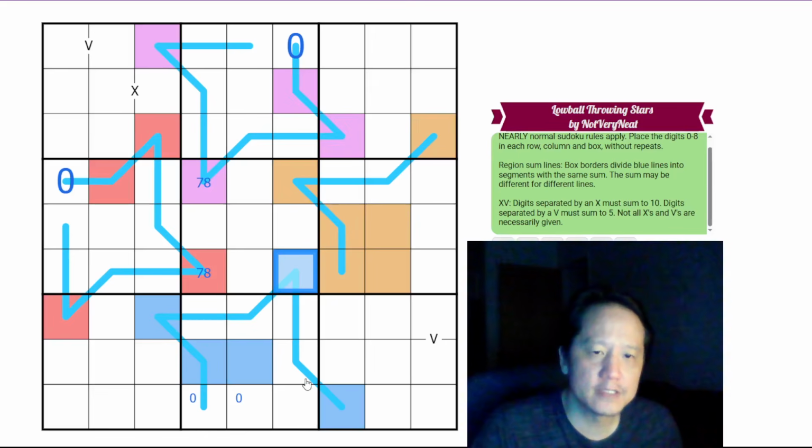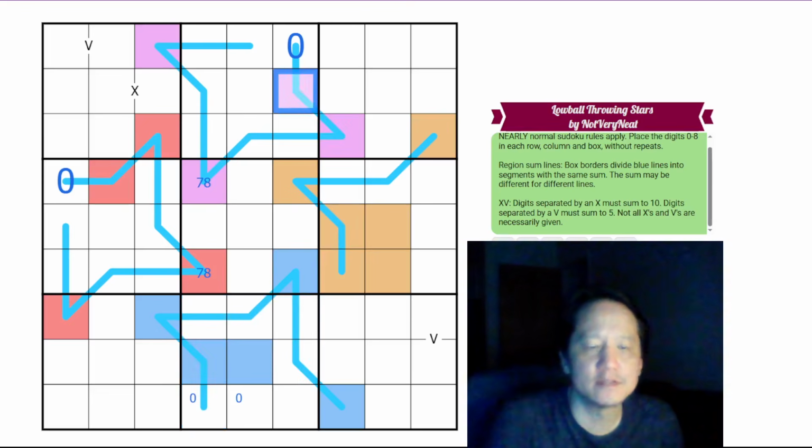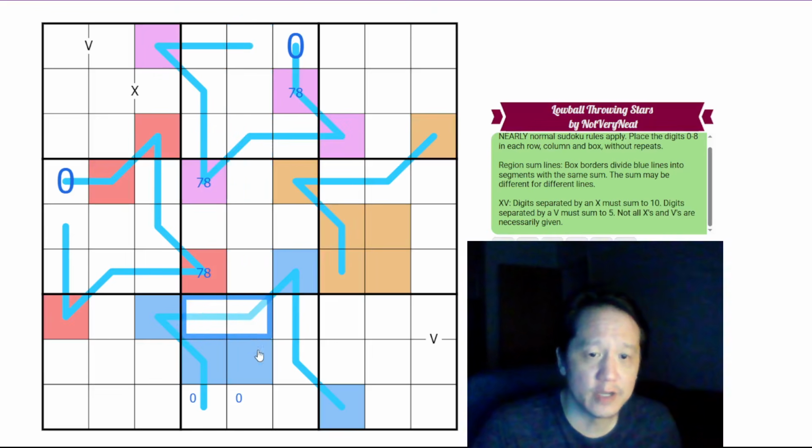Well, where can 7 and 8 be on this? This is 7 or 8. Where can pink be in column 5? Can't be here. It can't be on the region sum line, so pink has to be one of these 2 digits.